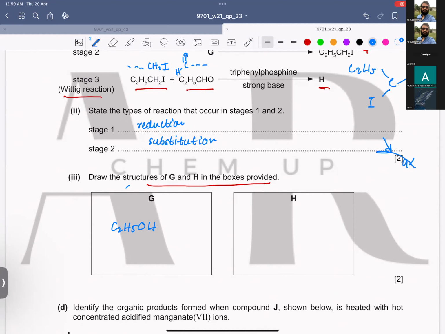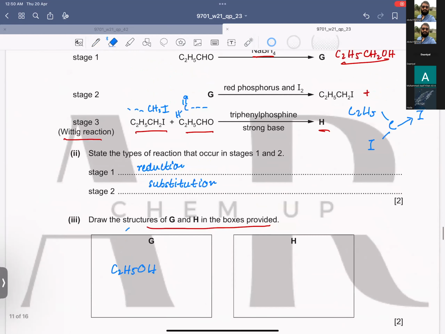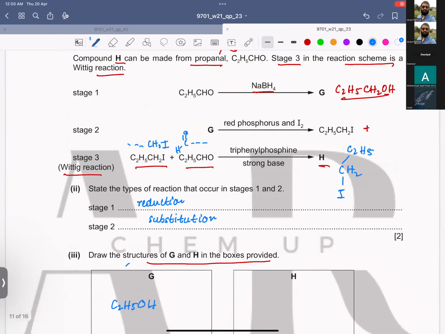One minute, please. So, see over here, we have a C2H5 bonded to CH2 and it is bonded to iodine. And on the other hand, we have C2H5CHO.